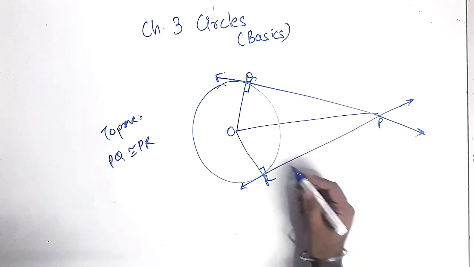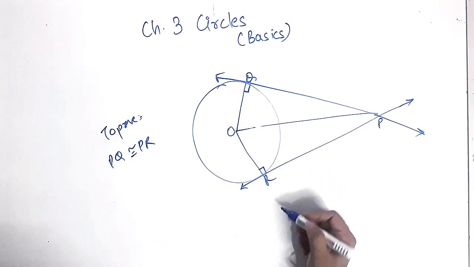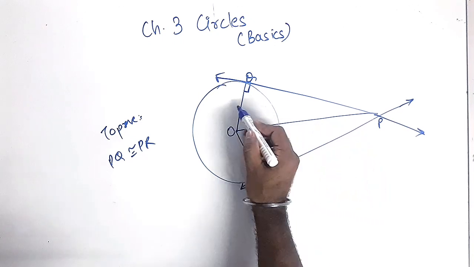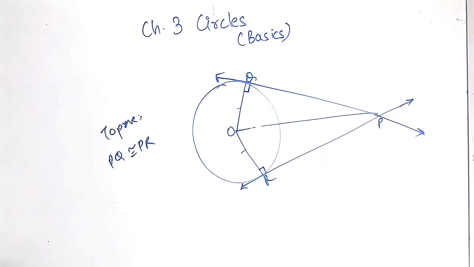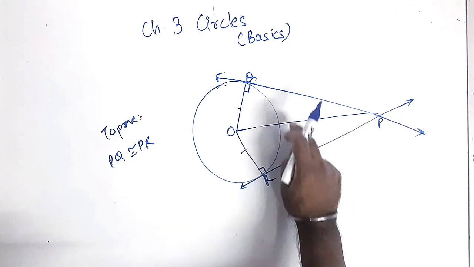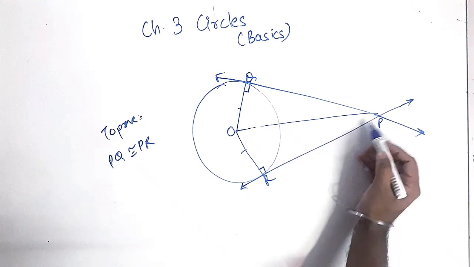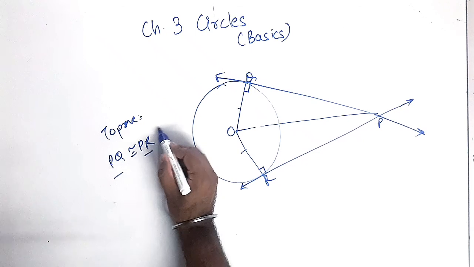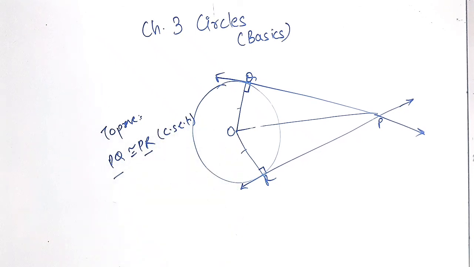Then you have OQ congruent to OR, radii of same circle. When you have hypotenuse congruent, one another congruent part, that means the triangles are congruent by hypotenuse side theorem. And once both triangles are congruent by hypotenuse side theorem, you can write PQ congruent to PR, CPCT. So I have just given you the explanation.